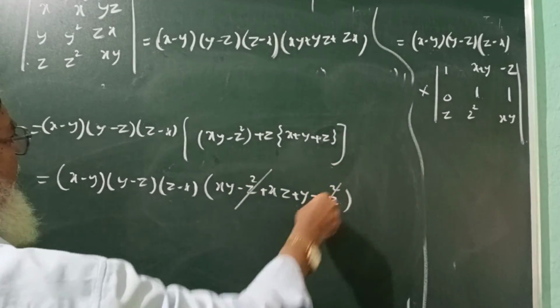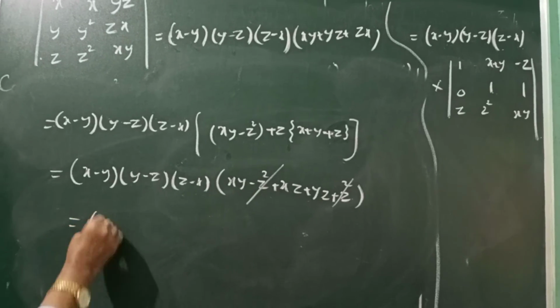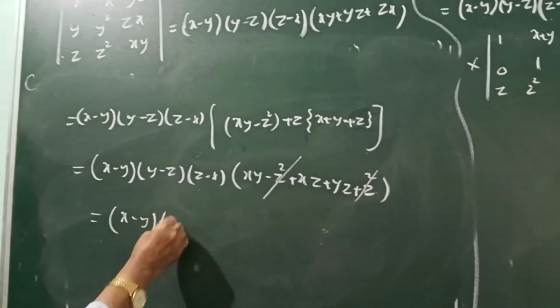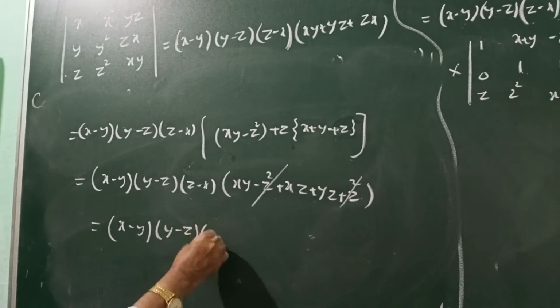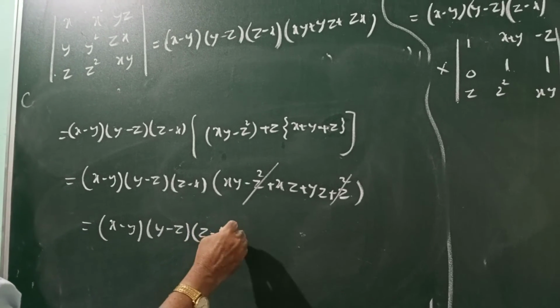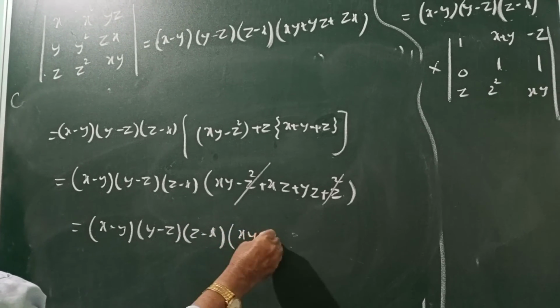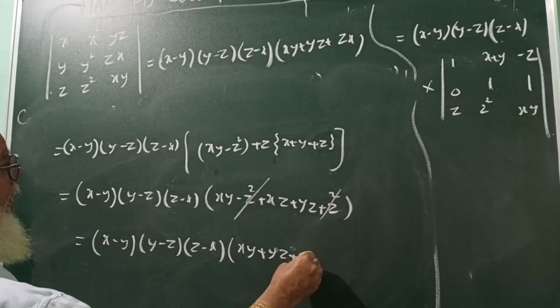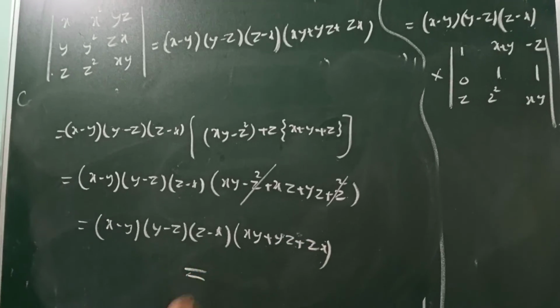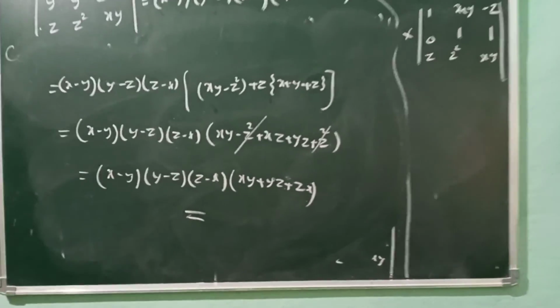You can see these two get cancelled. So our answer is x minus y, y minus z and z minus x, here xy plus yz plus zx. So that is the required answer for this question.